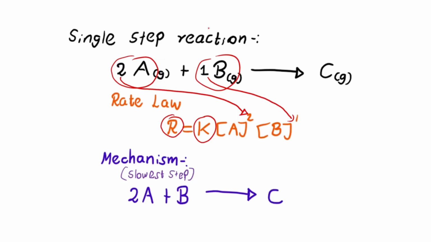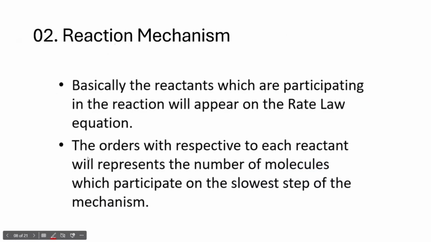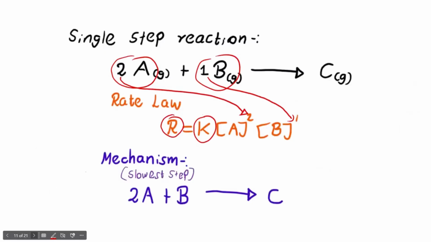What does this mean? Actually, can you remember we learned that? I'll just go back and show you that slide. Here we learned the point: the orders with respect to each reactant will represent the number of molecules which participate in the slower step of the mechanism. If you take a mechanism, there can be many steps, a fast step and a slow step.